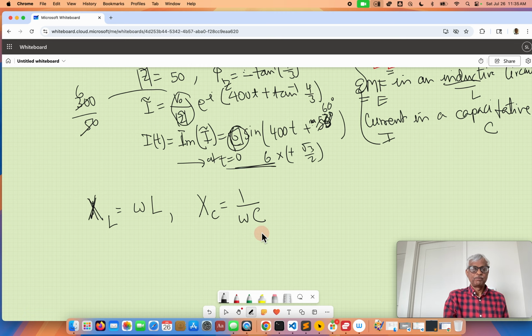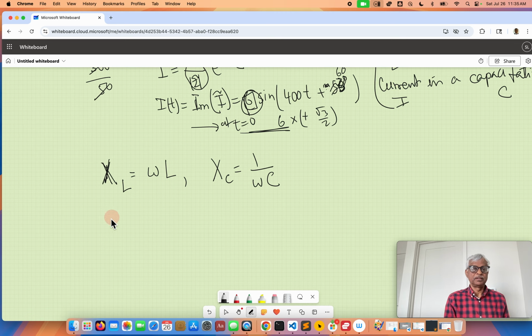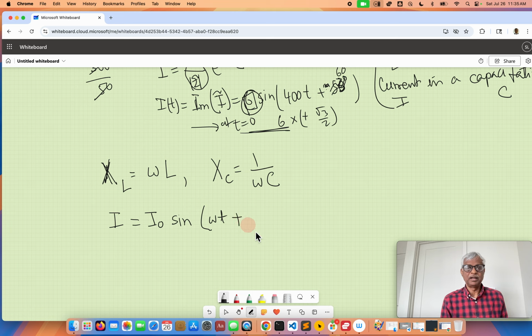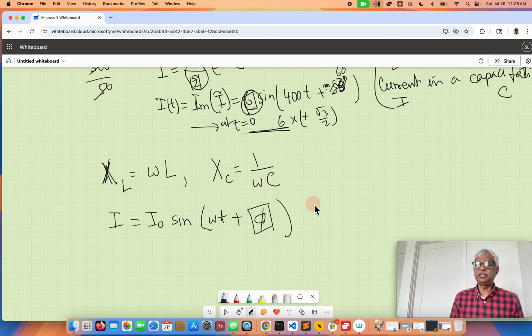All right, and so you say current will be I0 sine omega t plus, and I won't have to calculate this the way I did over there, it's just a lead or lag.